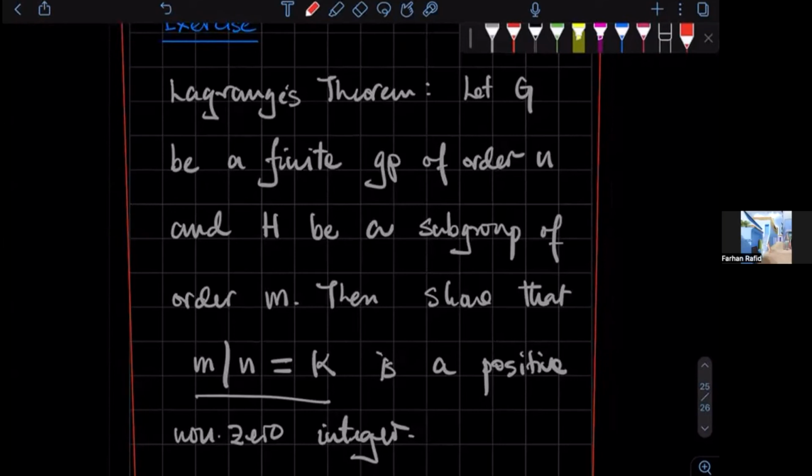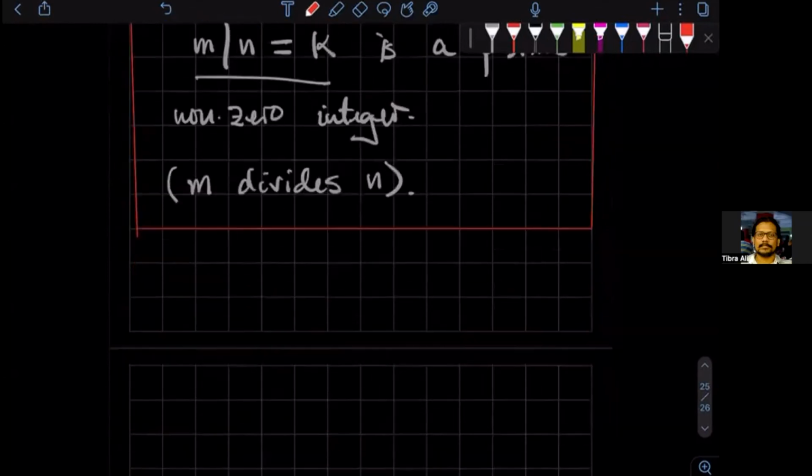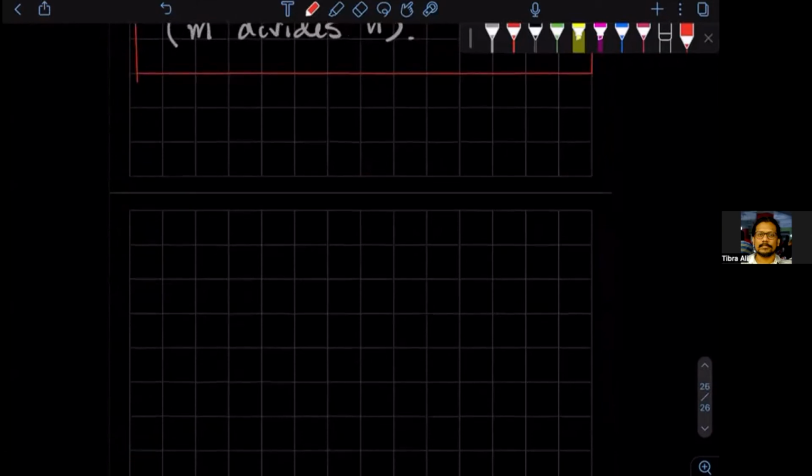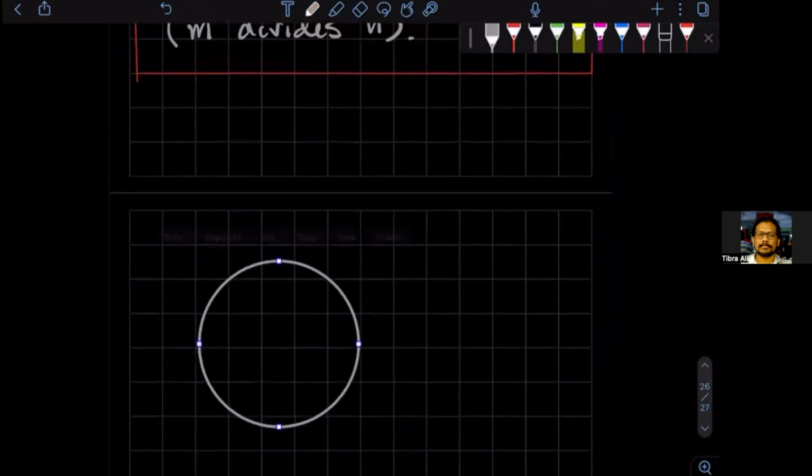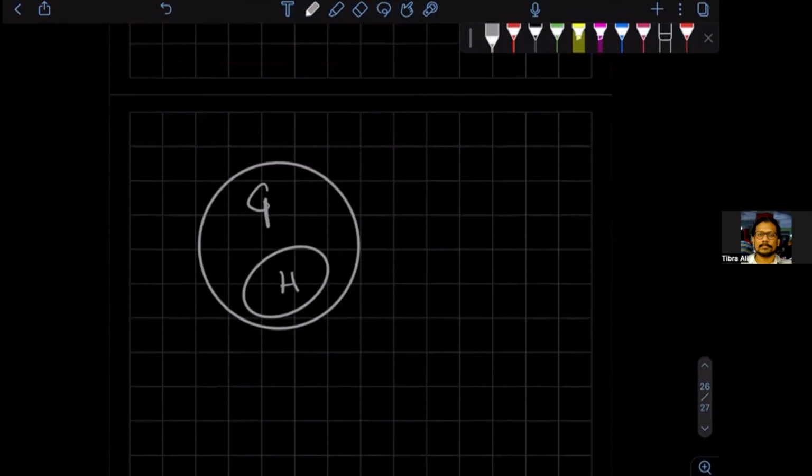Sir, could you explain the coset again? I didn't quite understand. Right. So the coset is, suppose you have a group, say G. This is some set, and you have some subgroup, say H. Now, if it's a subgroup, that means it has the identity element in it, right?